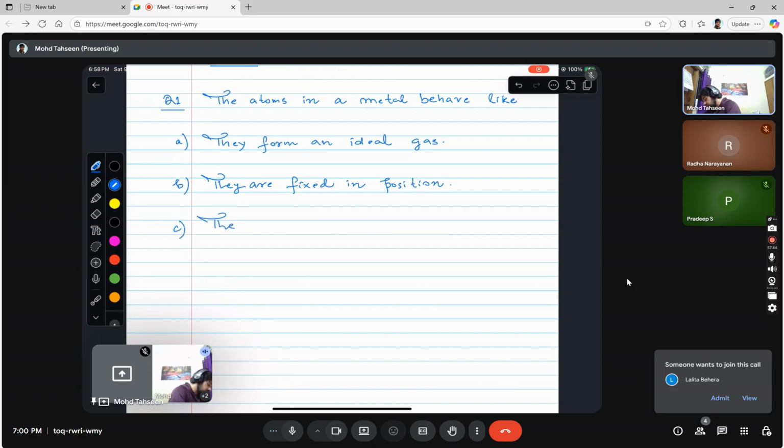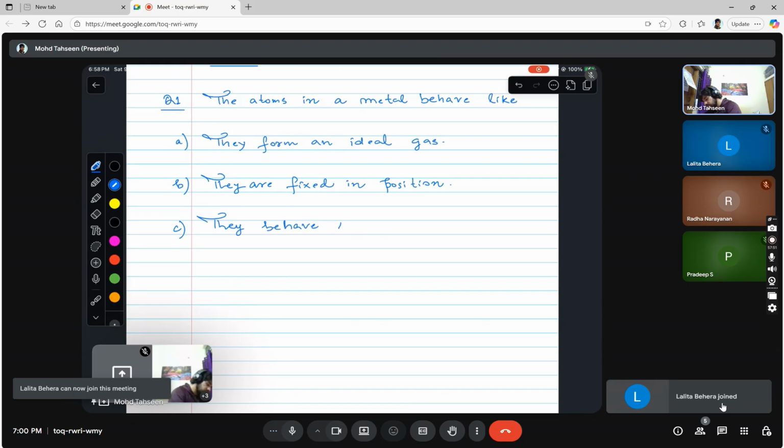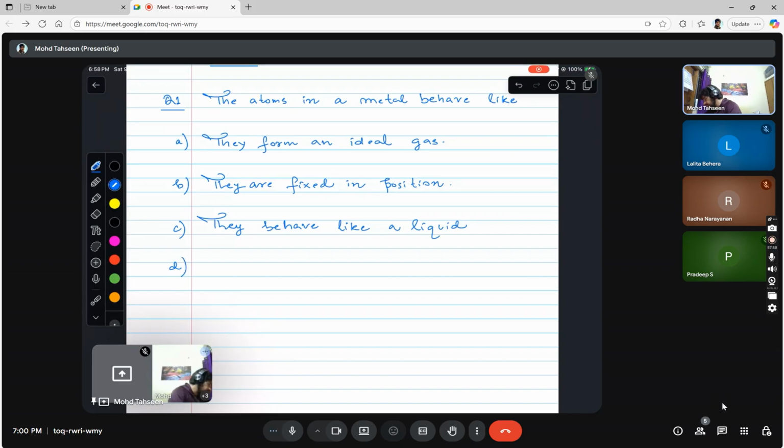C, they behave like a liquid. And D, they are rigidly fixed and can never move, right?